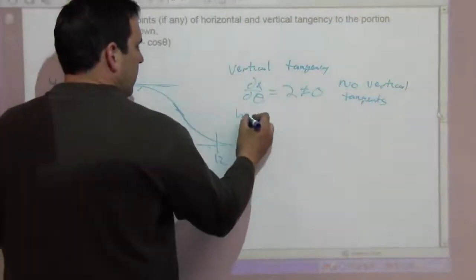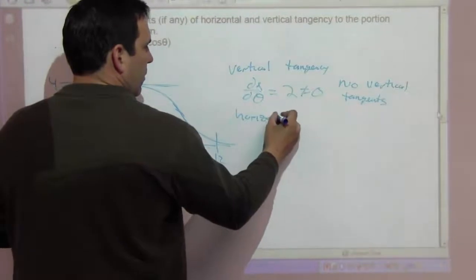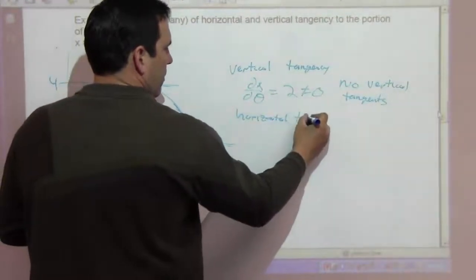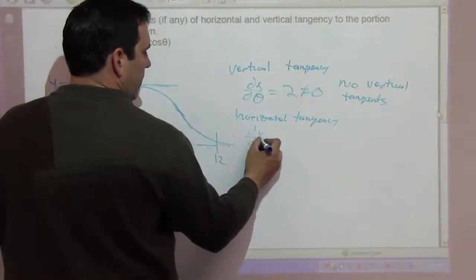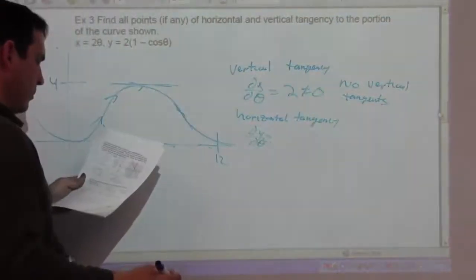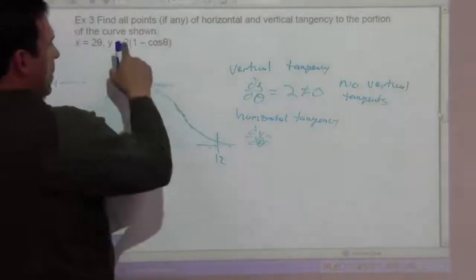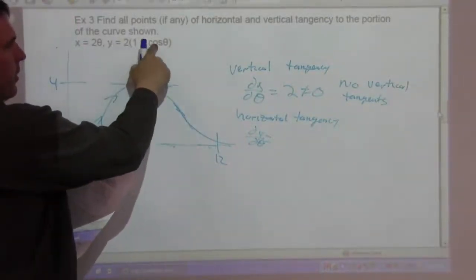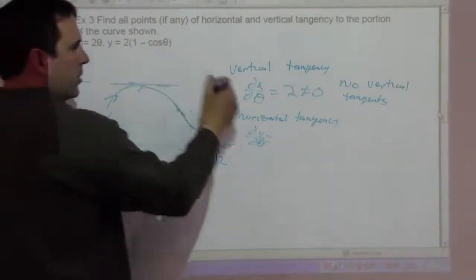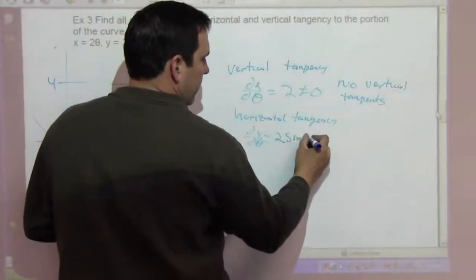For horizontal tangency, dy/dθ is, that's going to be 2 times 1 is 2, derivative is 0. 2 times negative cosine, its derivative is going to be 2 sine θ.